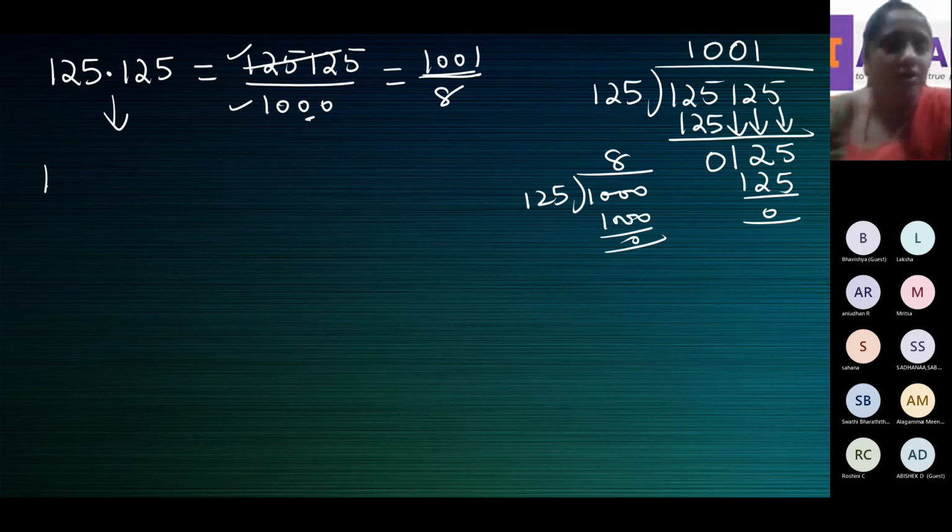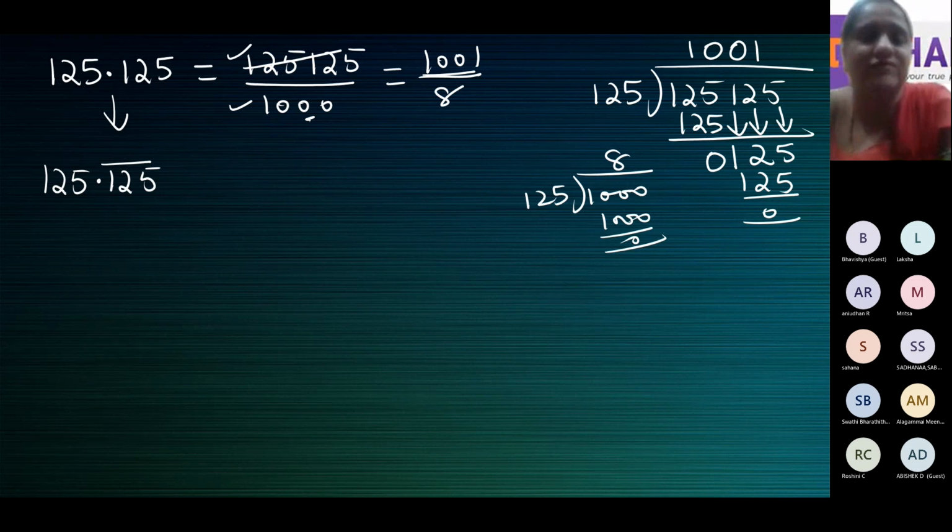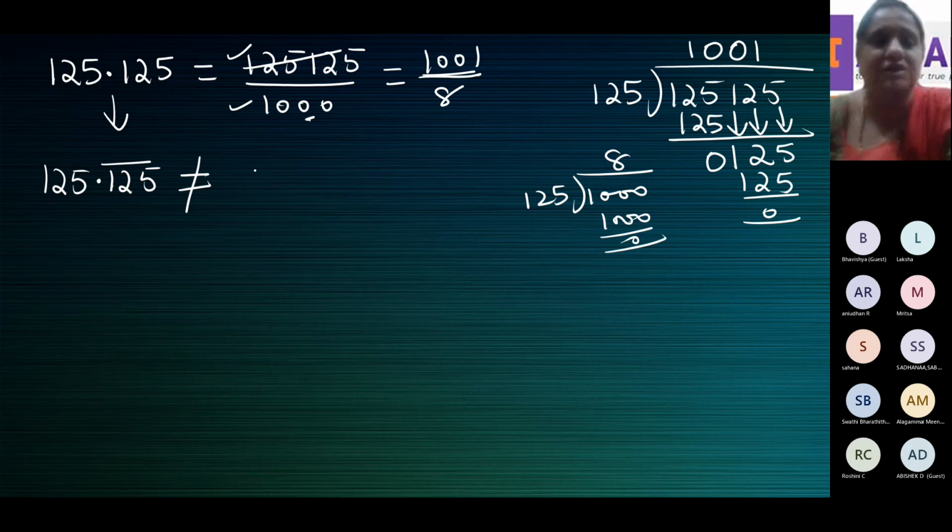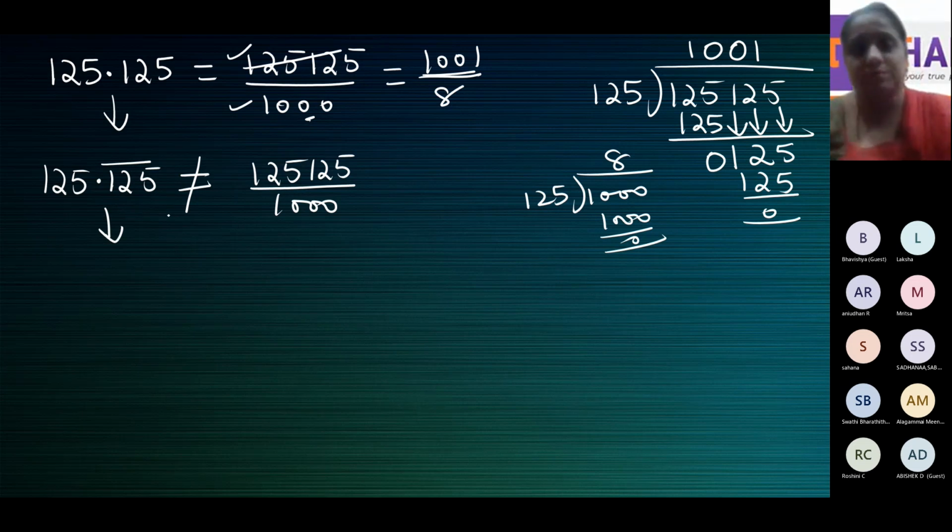Now consider 125.125 recurring. Now this is not equal to that. But we know that a non-terminating repeating decimal also has a P by Q form. There are two kinds of decimals that have a P by Q form.